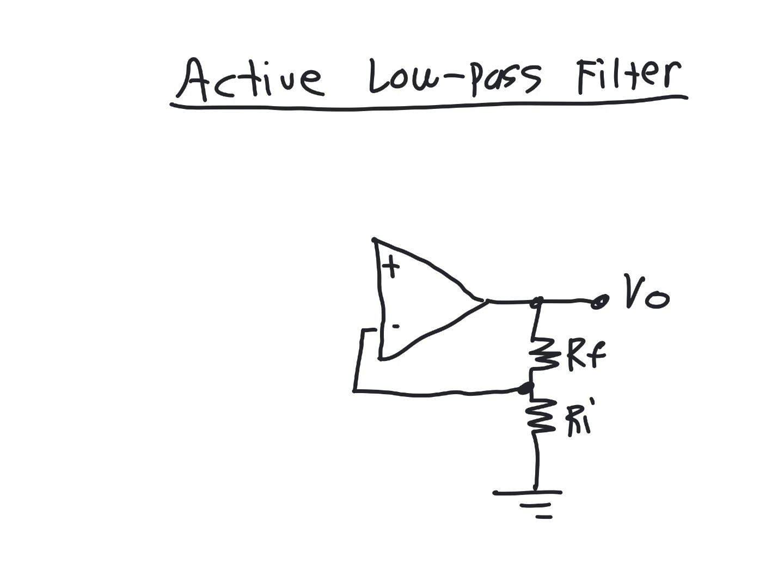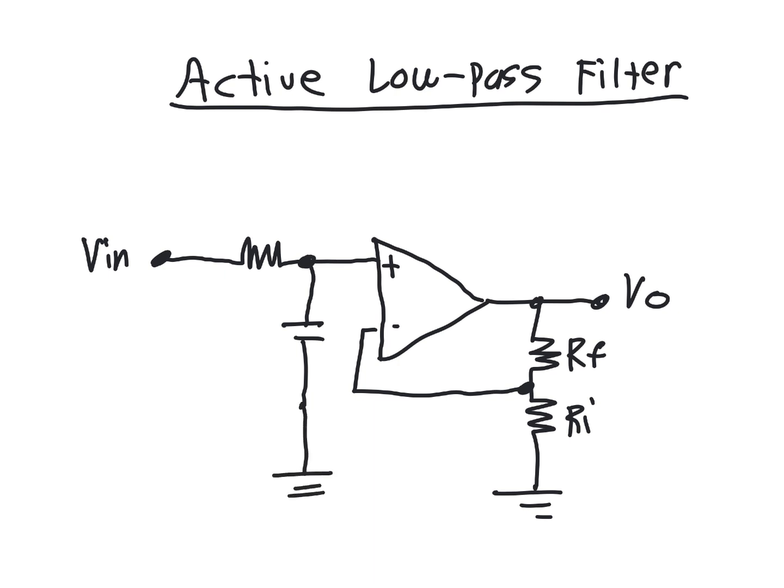Negative, positive, Vin. Okay, this would be C, and this would be R. Okay, so again, I just draw a little line here.